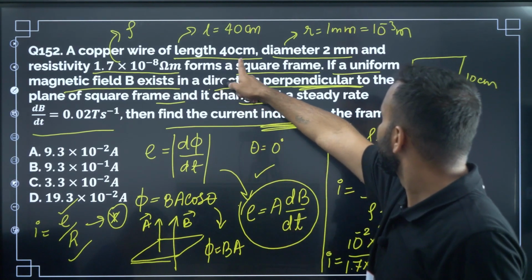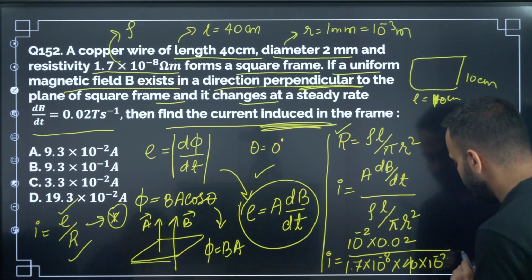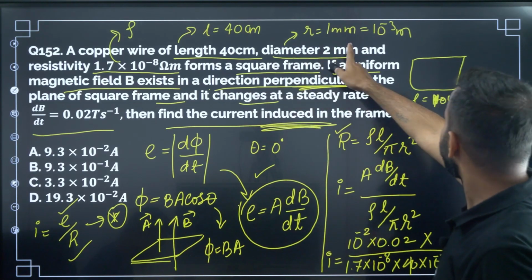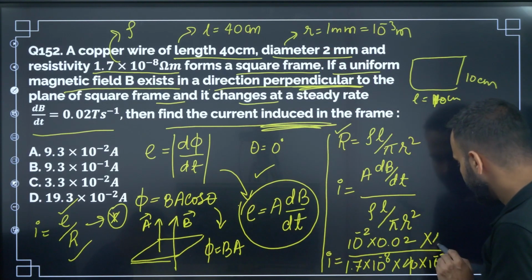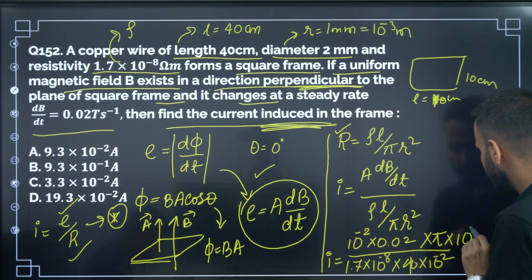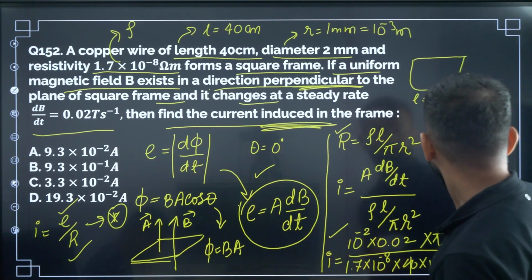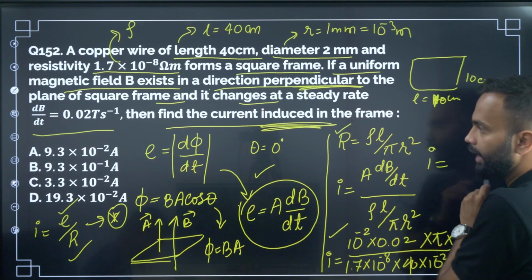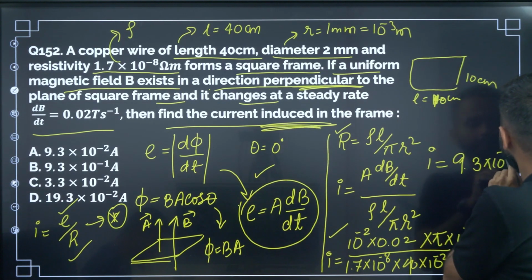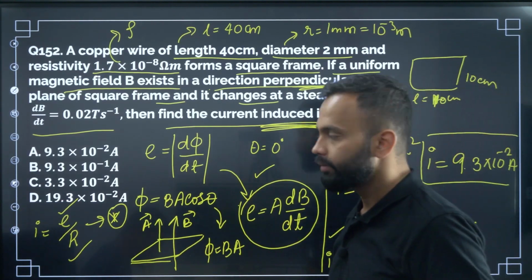Length is 40 centimeter, that is 40 into 10 to the power minus 2, whole divided by pi into r square. So pi into r square is pi into 10 to the power minus 3 squared, that is 10 to the power minus 6. Now solve this and you will get the induced current I as 9.3 into 10 to the power minus 2 ampere.